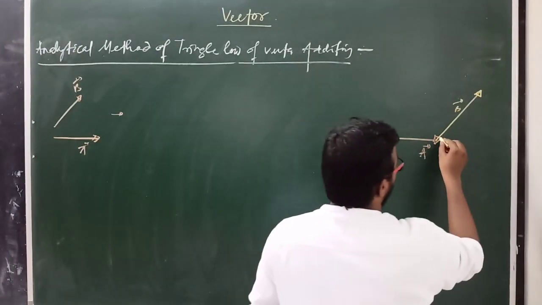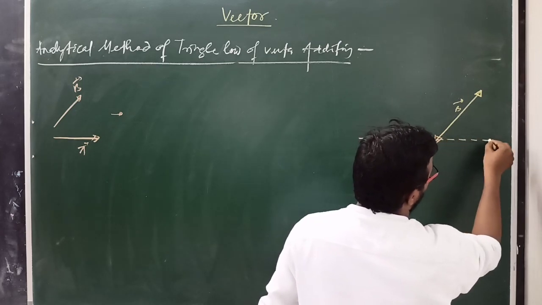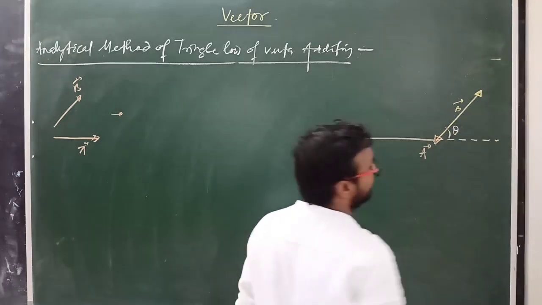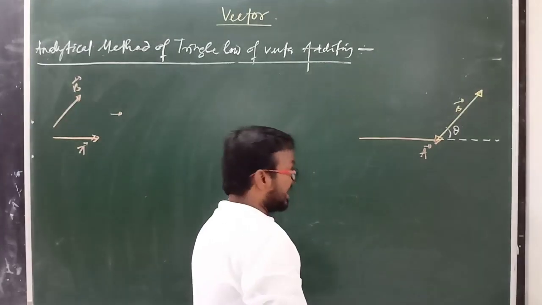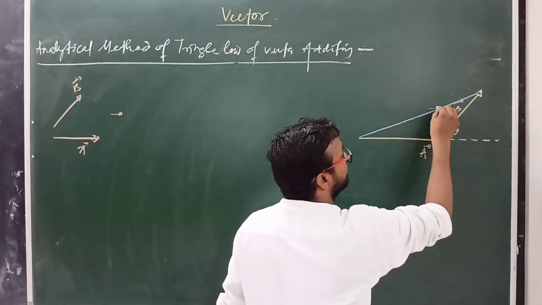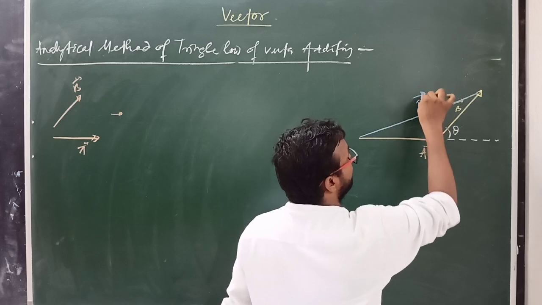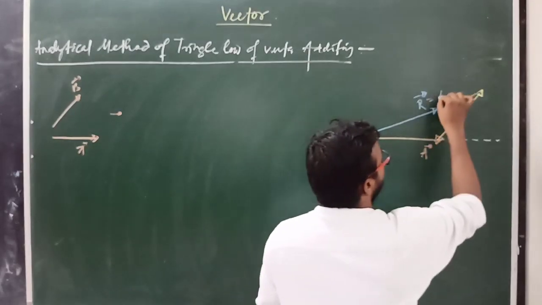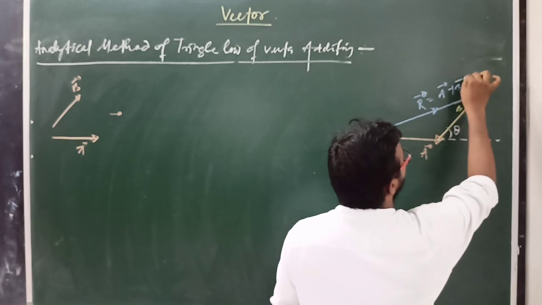Clear? And now the angle between the two vectors A and B, suppose theta is here, and the third side or closing side represents the resultant vector R vector, which is equal to A vector plus B vector.